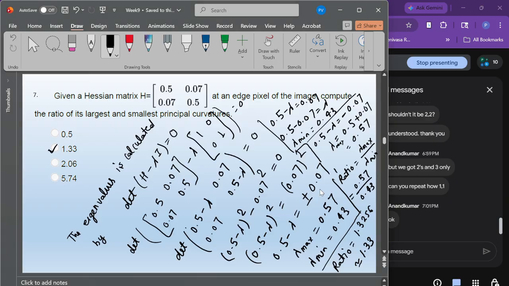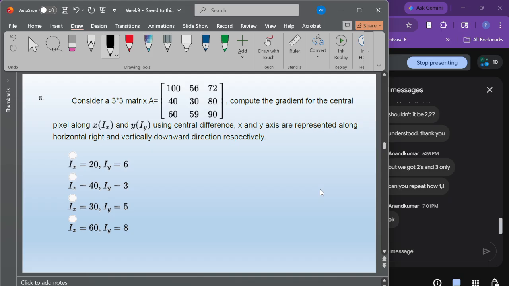Okay, so moving to our next question. I hope all of you have understood. Our next question is here. Consider a 3 cross 3 matrix A. This matrix A is given. Now compute the gradient of the central pixel along x, that means the x direction, and y, that is the y direction, using central reference.